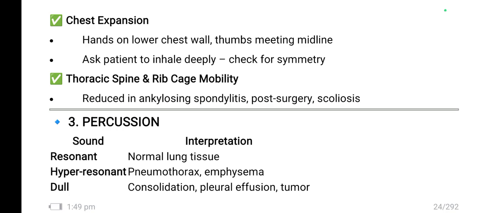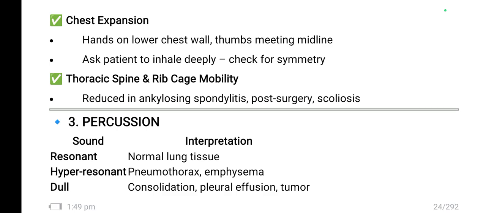Ask the patient to inhale deeply, check for symmetry. Thoracic spine and ribcage mobility is reduced in ankylosing spondylitis, post-surgery, scoliosis. It will be reduced or increased depending on the patient's condition.